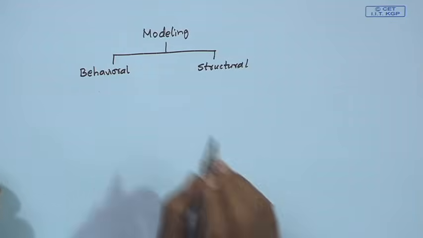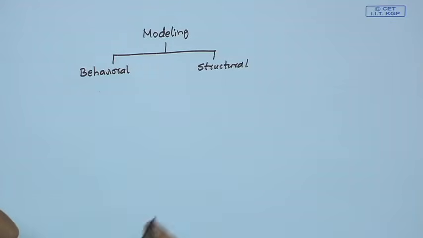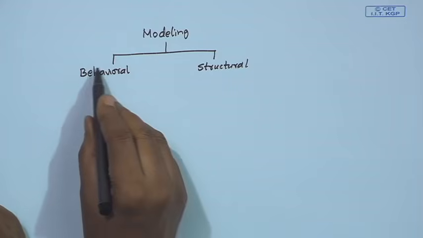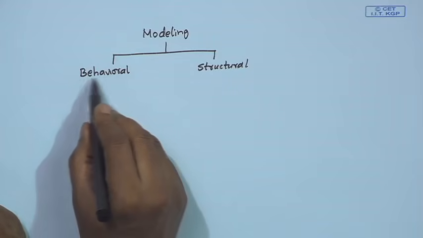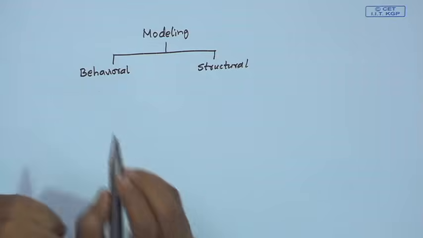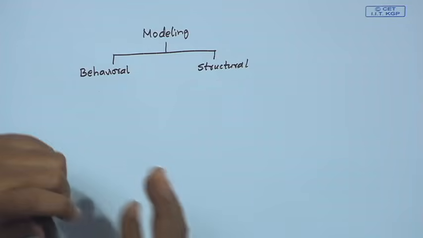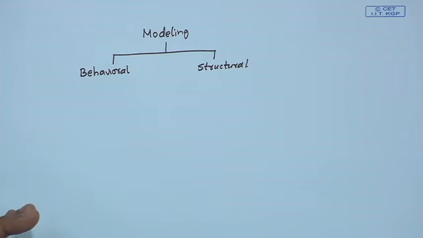Now, when we talk about behavioral modeling, what we are actually doing is saying how a system is working. We are not talking about how it is actually constructed or is to be constructed. For example, I have an adder, the sum output should be A XOR B XOR C, the carry output should be AB or BC or CA.